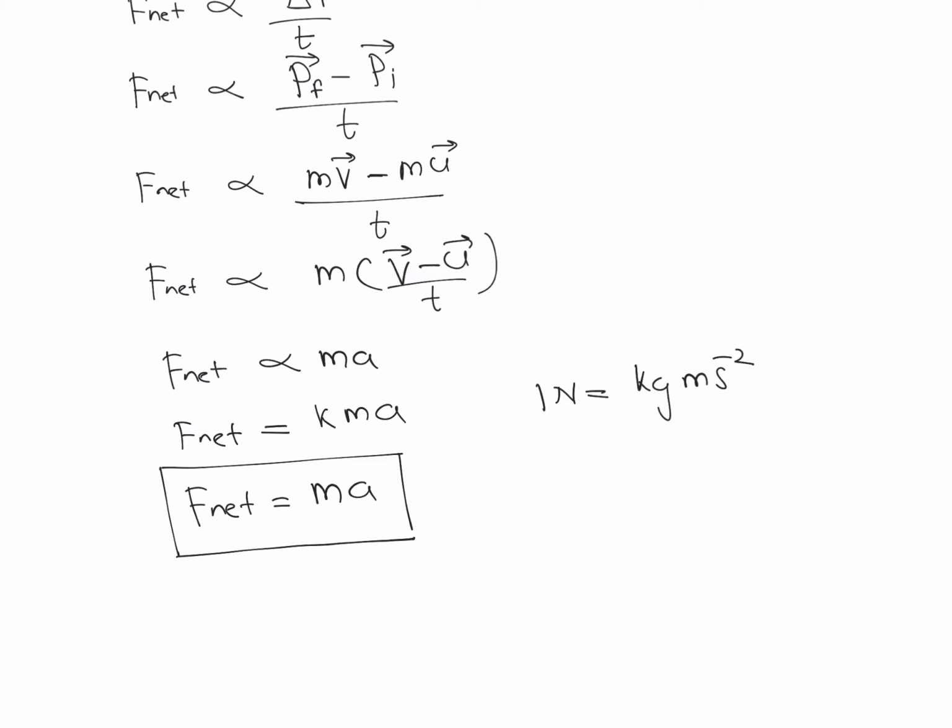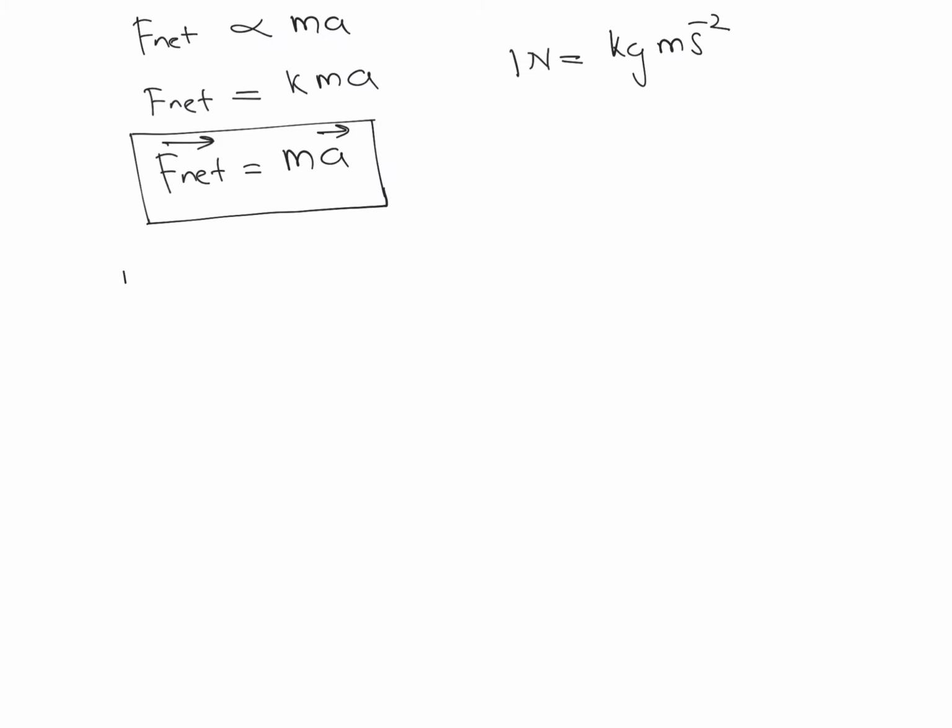The general equation we use for force according to Newton's second law is net force equals mass into acceleration, and since it is a vector quantity, the direction of net force is along the direction of its acceleration. So if the net external force is a constant and the mass of the object is a constant, in this situation we can use the equation force is equal to mass into acceleration.